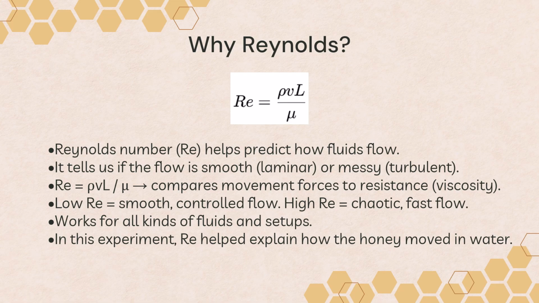So when Re is very low, like in this case for my experiment using honey, the viscous forces dominate and you get smooth, orderly flow, laminar flow. As Re increases, inertia takes over and flow gets more chaotic and unpredictable.